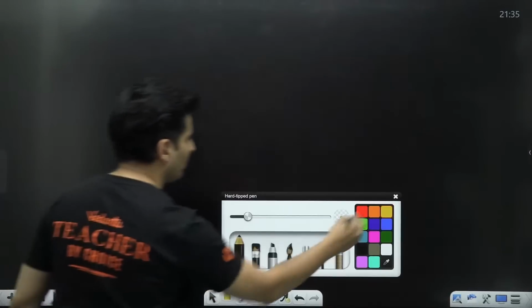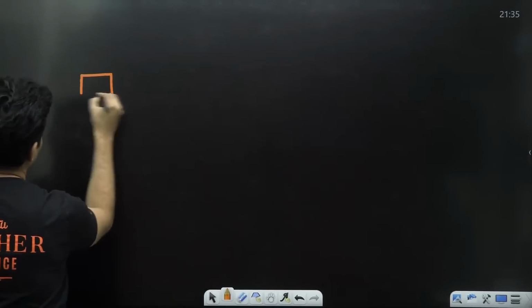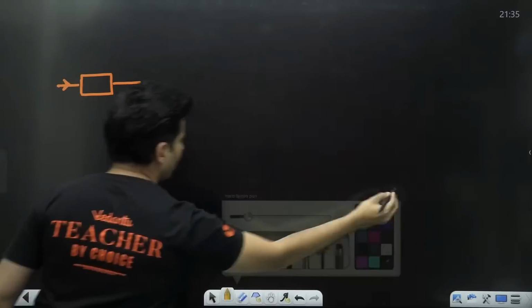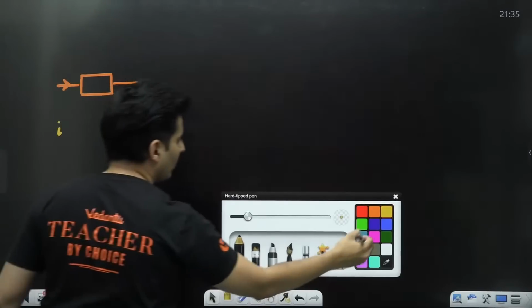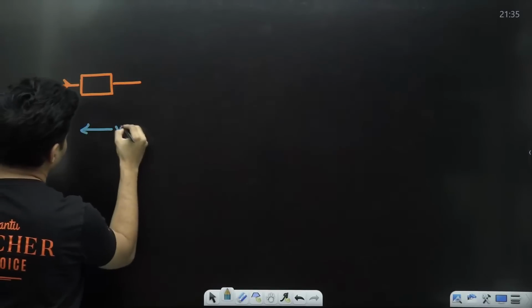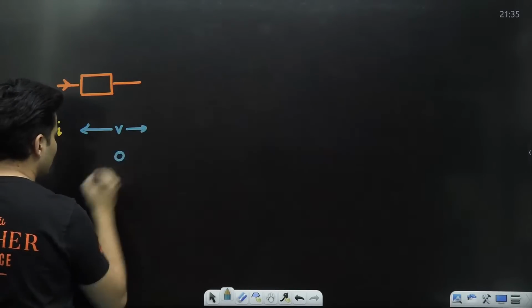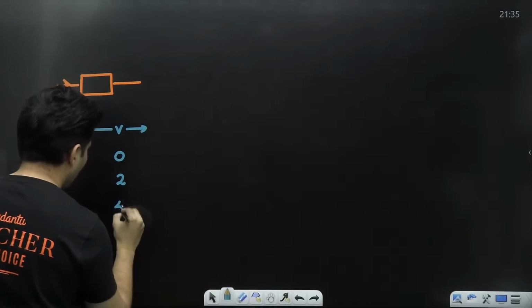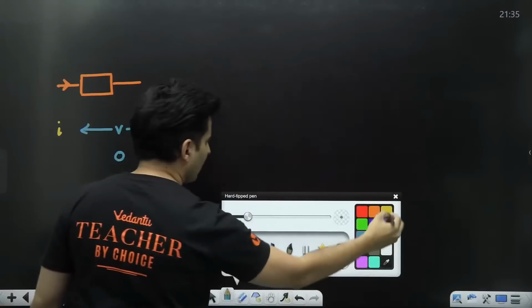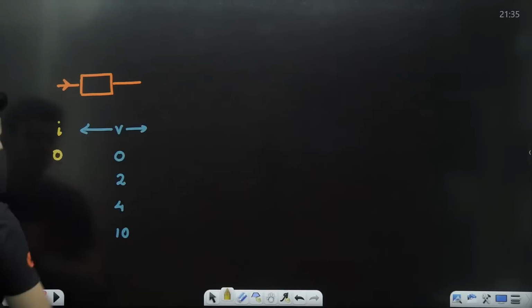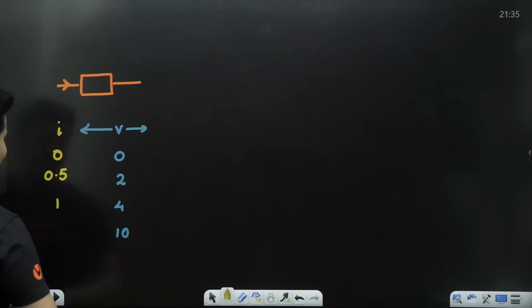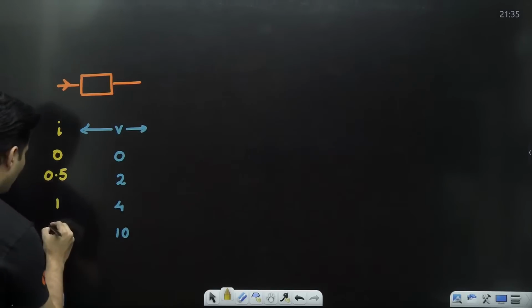So basically what Ohm said is that if you have some device and he passed different values of current, he sees what the current is, and he also notices the voltage difference across the ends. First he saw 0 volts, then 2 volts, then 4 volts, then 10 volts. The currents he saw: no current over here, then 0.5 ampere, then 1 ampere, then 2.5 ampere.